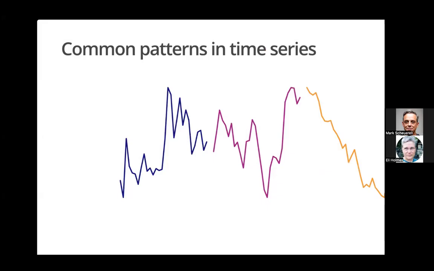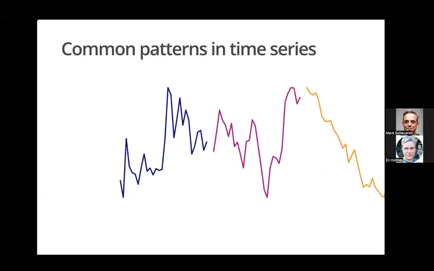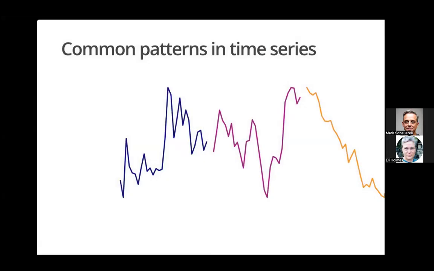And it turns out that indeed there are. All 25 of these came from these 3 core time series. Every one of these is just some linear combination of these 3 plus a little bit of error. And I know that because I simulated them.